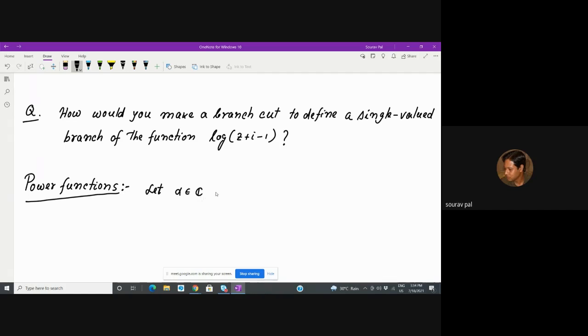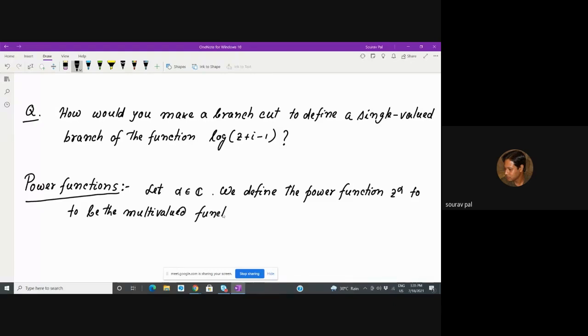Let alpha be a complex number. We define the power function z to the alpha to be the multi-valued function z to the alpha equals exponential of alpha log z.